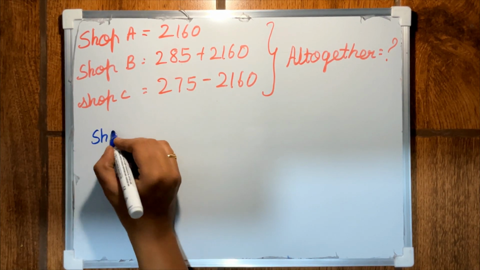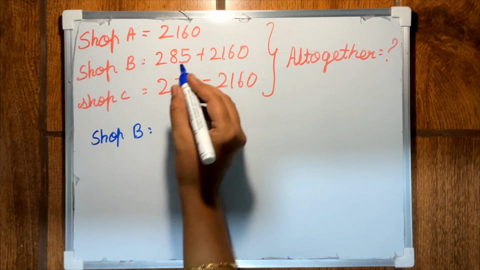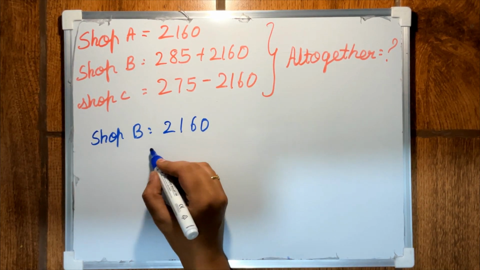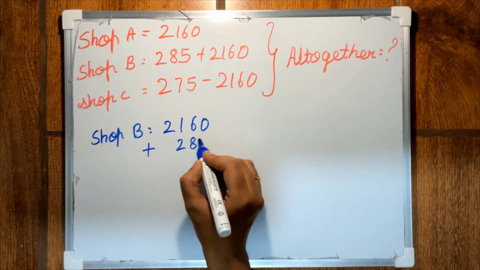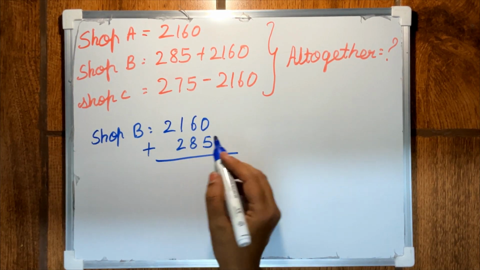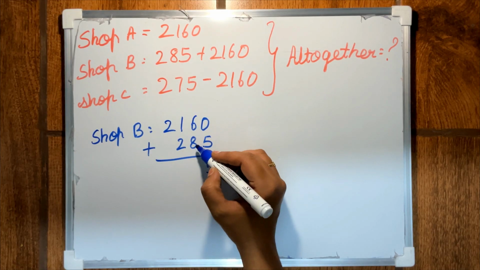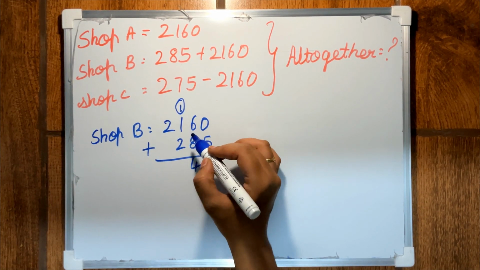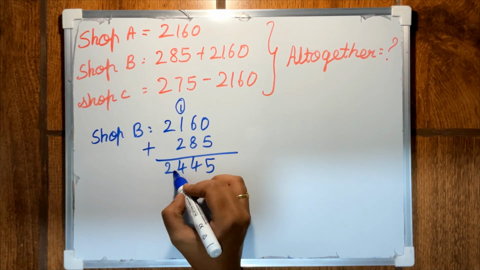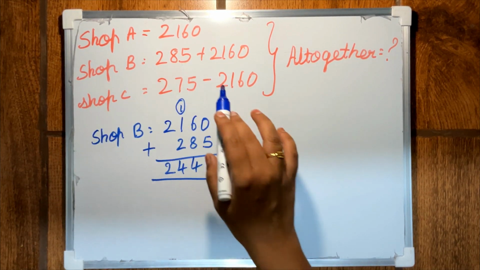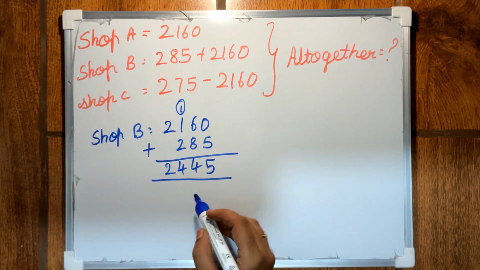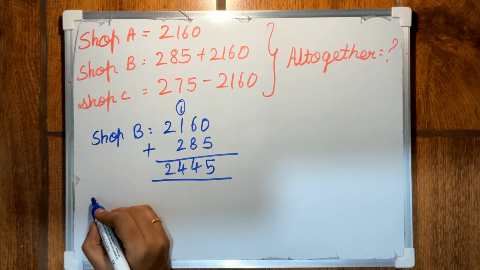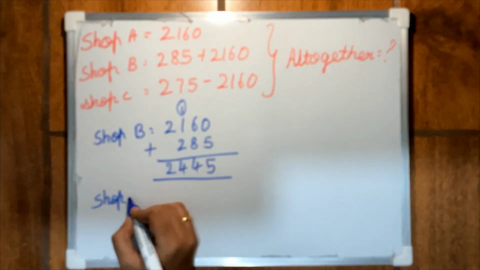For Shop B we have to find out 2160 plus 285. 5, 6 plus 8, 14. 1 plus 1, 2. 2 plus 2, 4. Retain the 2. So how many bags of tea does Shop B have? 2445.